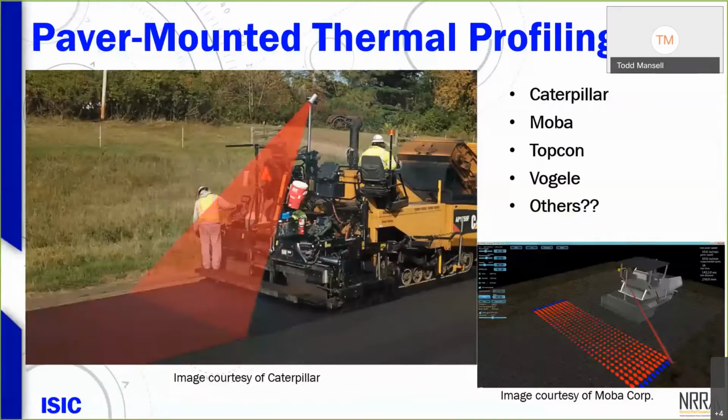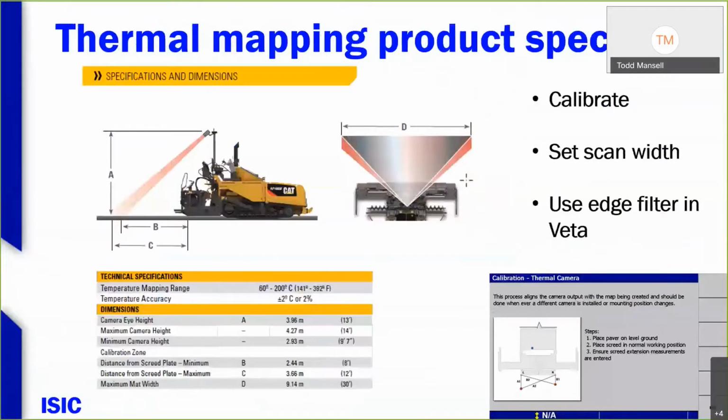They've been the industry leader on that for many years now, but some other manufacturers have jumped in as EMPT has gotten more popular. I'm just going to give a quick overview on the specs on the CAT machine, and they're generally a little different, but overall pretty similar for all the manufacturers.